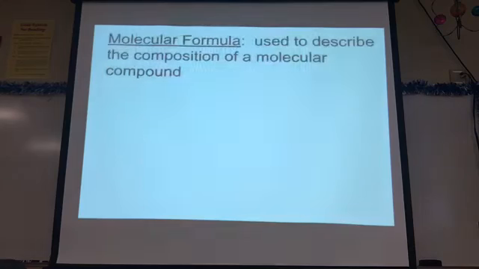Okay. Anyway, molecular formulas. Make sure you write this stuff down, please. Molecular formulas basically are the things you've been writing already. They're formulas that tell us what elements are present and how many of each, how many atoms of each element are there.